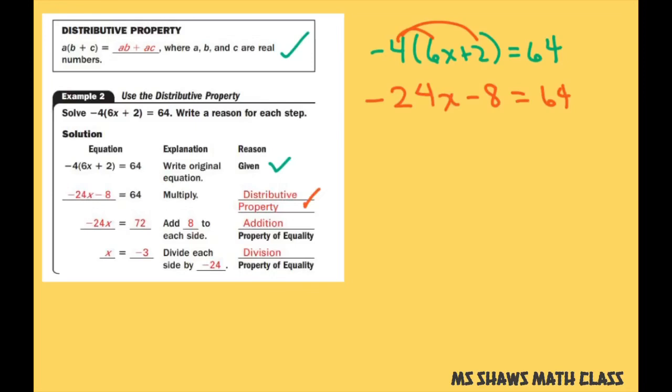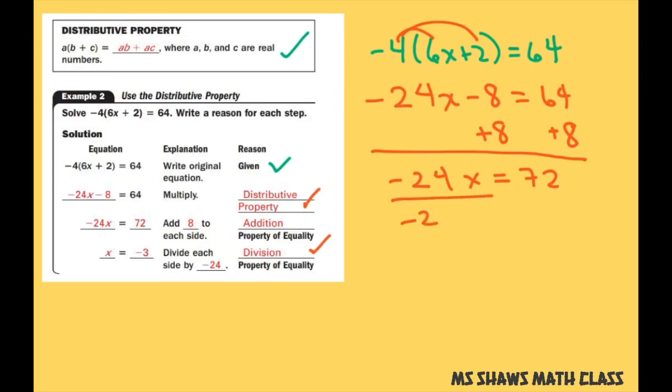And then we're going to add 8 to both sides. That's your addition property. So you get negative 24x equals 72. And then we have our division property. So if you divide both sides by negative 24, you get x equals negative 3.